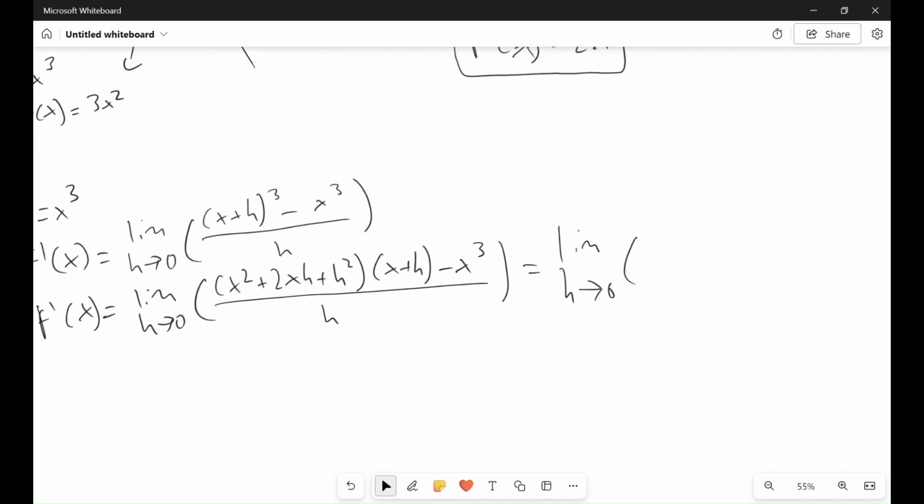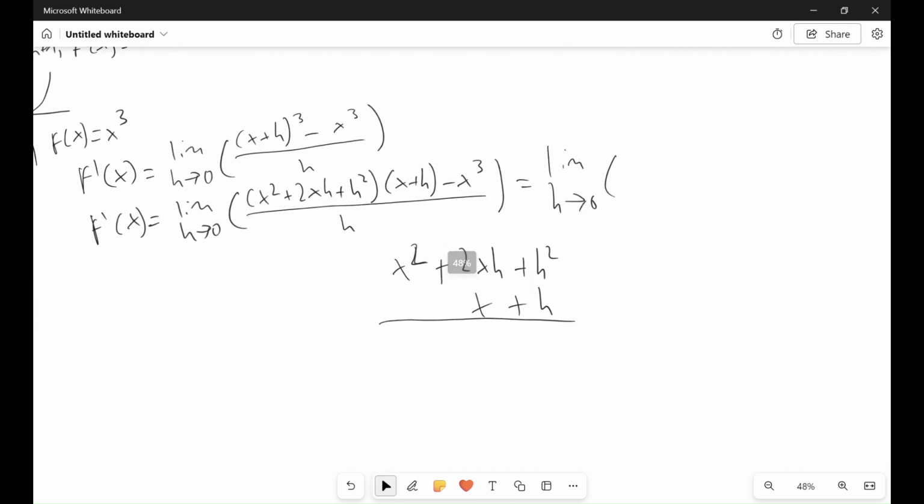Okay, this part I'm going to do the not cool way to make sure I don't mess it up. So we have h cubed, then 2xh squared, and then hx squared, 0 here. xh squared plus 2x squared h, and then x cubed.